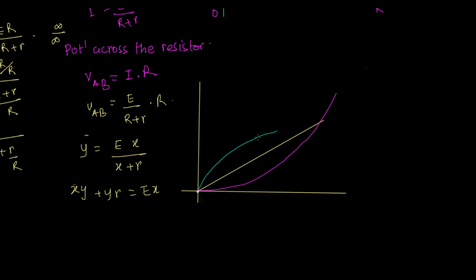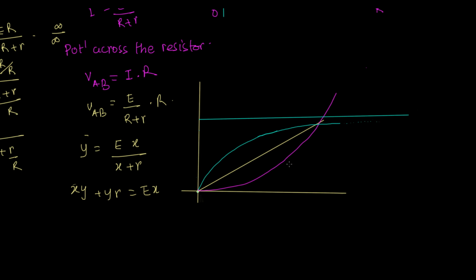This has the tendency to turn like that and maybe approach VAB equal to E as R tends to infinity.